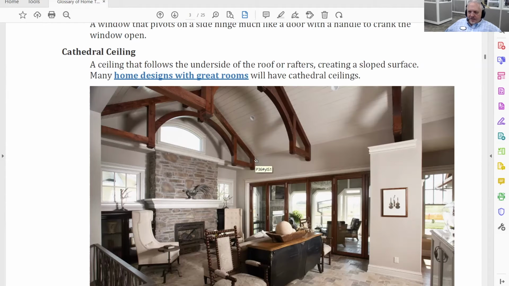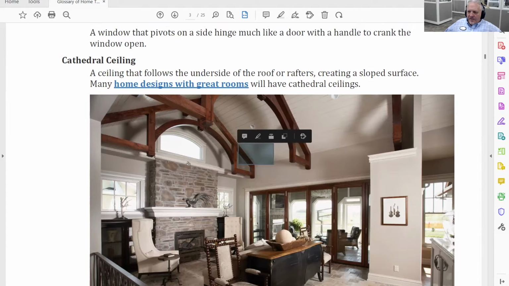A vaulted ceiling, in some of the contemporary homes, might just have one face that goes directly up and comes to a peak at the very top and meets a wall instead of two angles reaching this way. You know what? Let me do this. Now you can see me. Cathedral ceilings are going to be like this. A vaulted ceiling is going to be more like this. Does that make sense? Yes. Okay. That's a real technical term. This versus this, y'all.